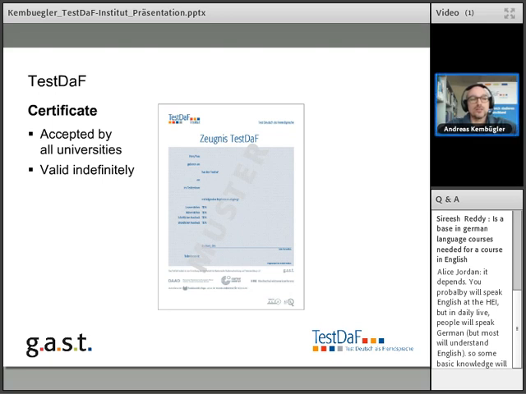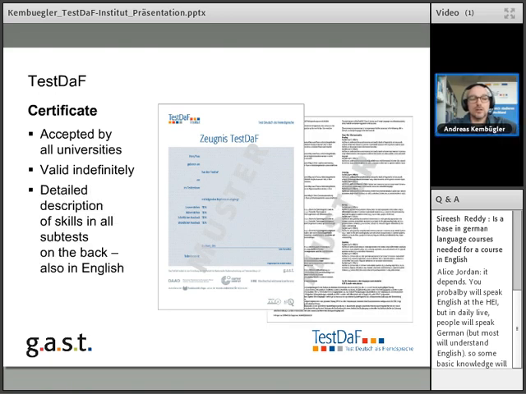Once you have taken the test, you will receive a certificate. There are three things which are important to know about this certificate. It's of course accepted by all universities in Germany. It has an unlimited validity, and very interesting, on the back side of the certificate there are explanations about your skills.